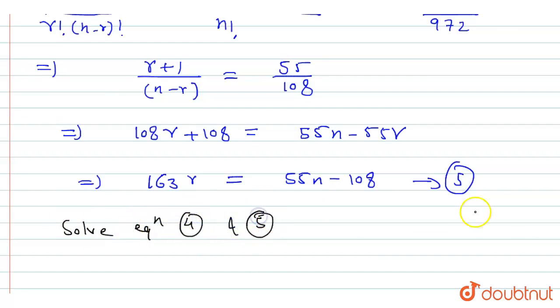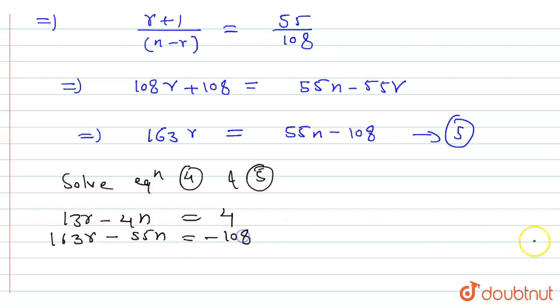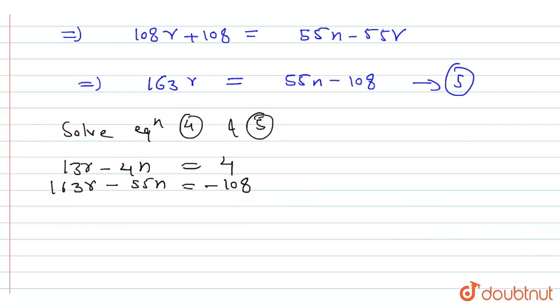On solving, equation 4 is 13r minus 4n equals 4, and equation 5 is 163r minus 55n equals minus 108. Now we multiply the first by 55 and the second by 4.